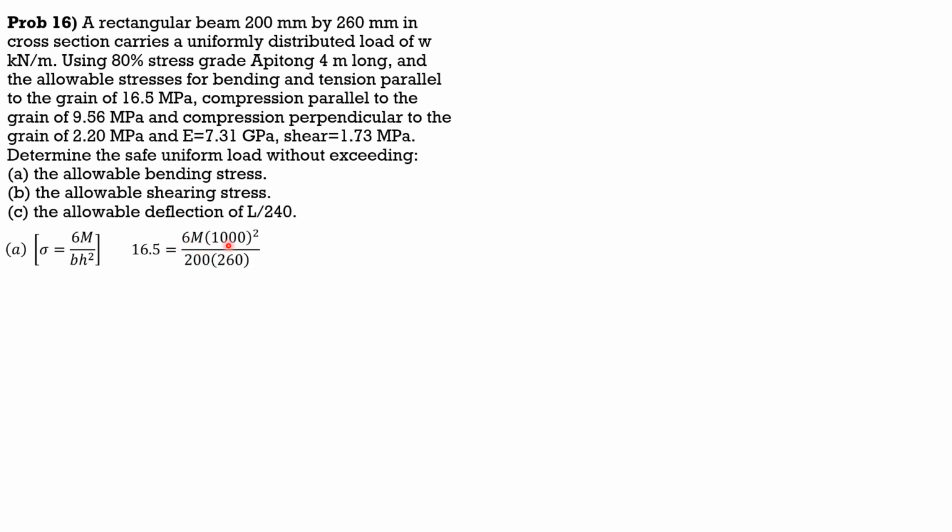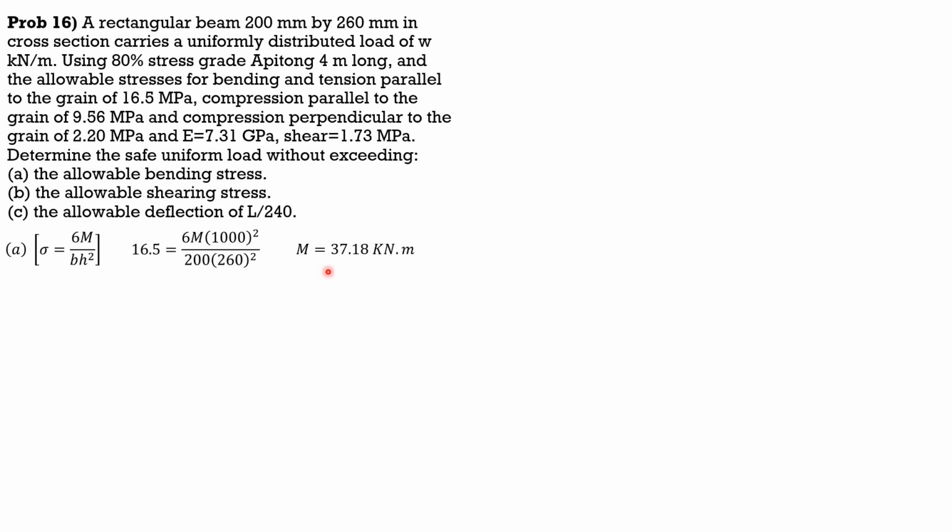We multiply 1000 square to convert it to newton-mm to match the units in megapascals. Then b is 200 mm, h is 260 mm squared. So solving for M, we get 37.18 kilonewton meter.